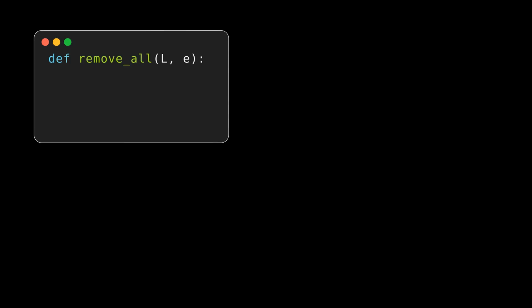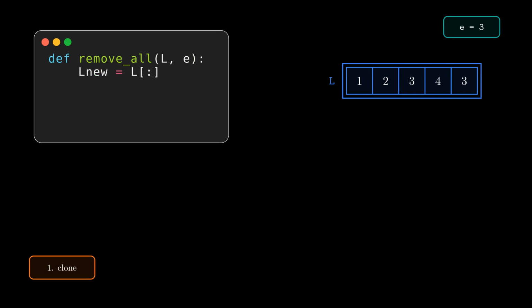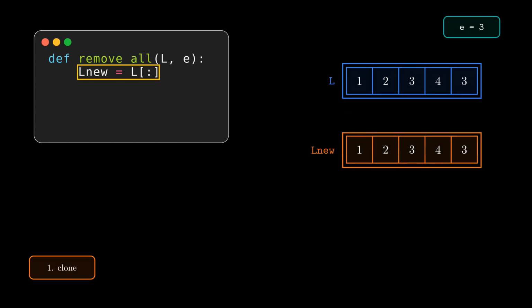We write def removeAll, taking L and E. Say L holds 1, 2, 3, 4, 3, and E is equal to 3. First line inside the function, initialize a new list to hold the copy. L_new is set to L, square brackets, colon inside. Copy first because we want to mutate L, and L already contains a bunch of items. Copying saves everything L currently holds into a separate list named L_new.